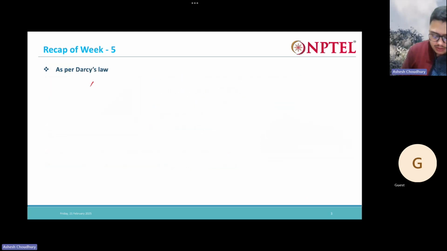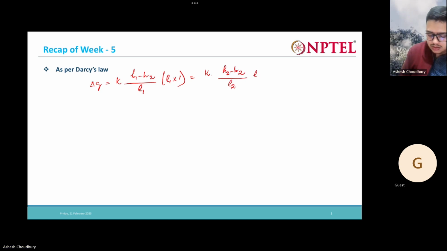As per Darcy's law, delta Q is nothing but K, the hydraulic conductivity, times (H1 minus H2) by L1. Also, you can write it with L2.